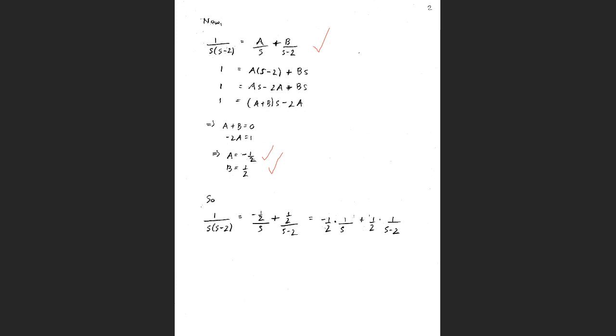So 1 over s times s minus 2 is equal to negative 1/2 times 1 over s plus 1/2 times 1 over s minus 2. It's just convenient to write it that way.